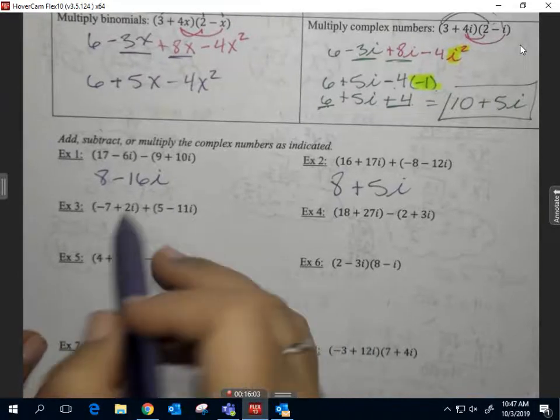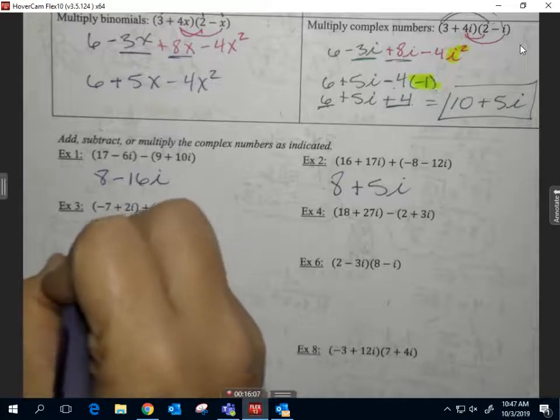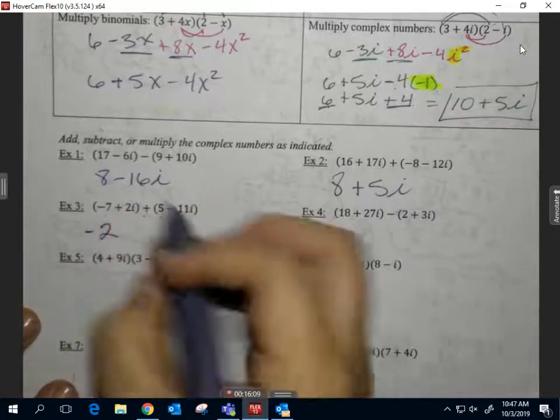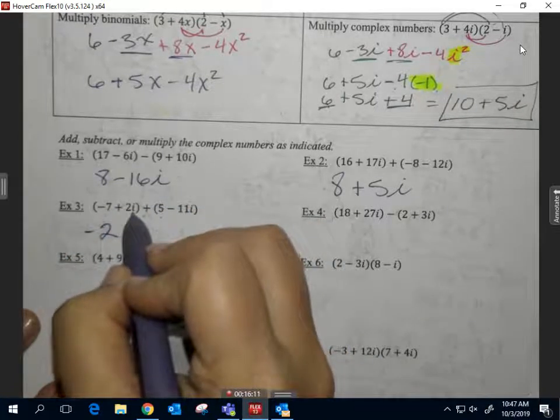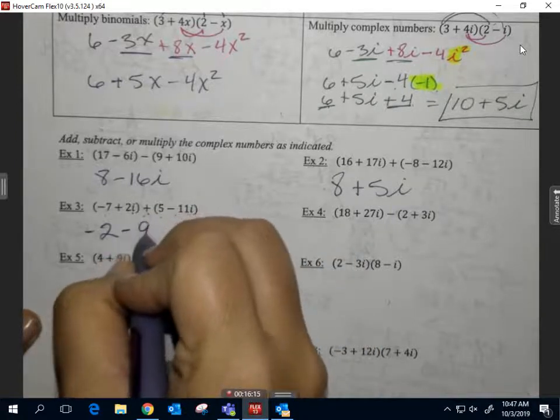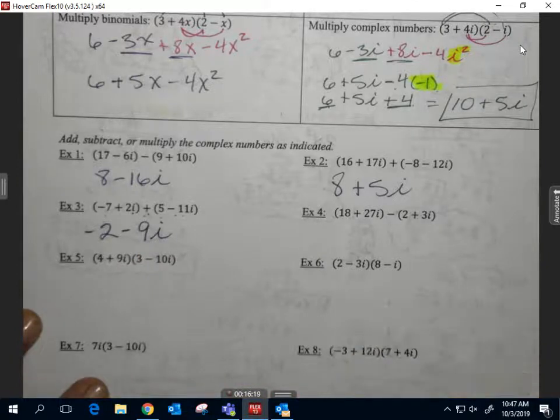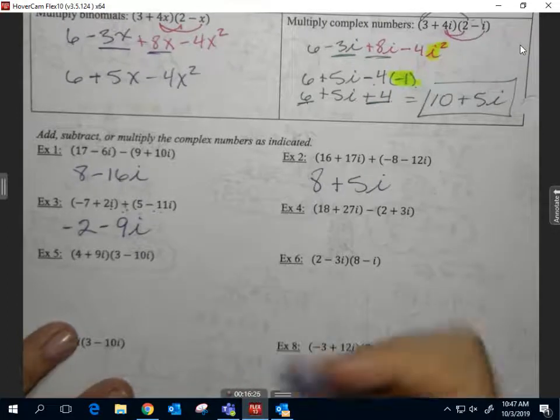All right, let's continue. So negative 7 plus 5 is 2. Positive 2i plus negative 11i. It's not squared because we're adding, subtracting, we don't square it. Only when you multiply, okay? So that's good you asked.